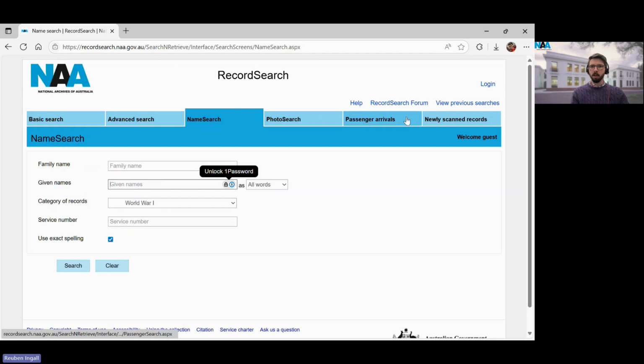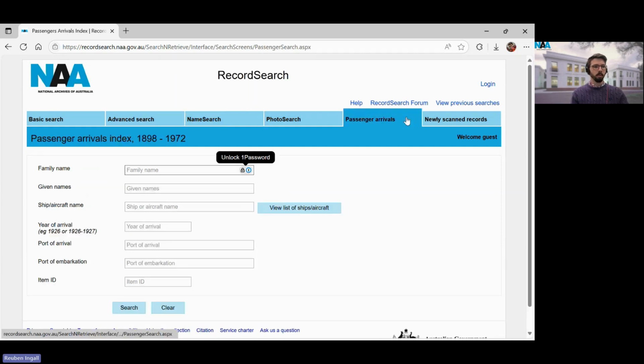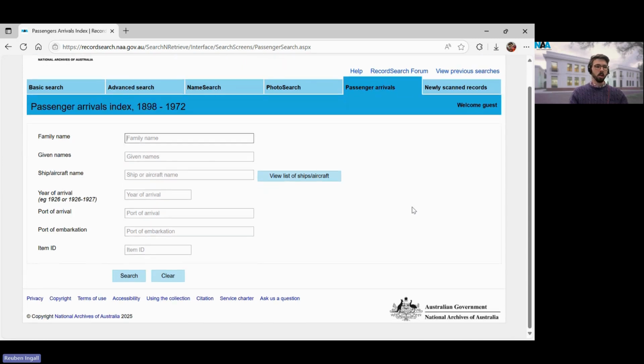Next one across the top here, I'll jump over to passenger arrivals, which searches an index of the names of passengers from 3 key series in the collection. So these are huge collections of ships logs and passenger arrival cards, and the key details from each of those have been transcribed into this searchable index, which now has over 10 million entries.